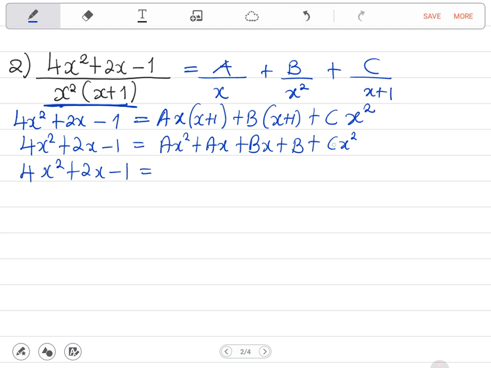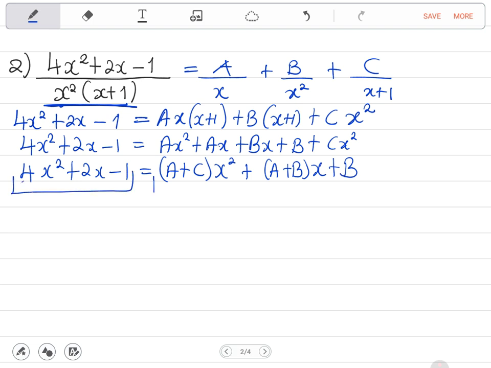I can factorize the x squared, so I have a plus c and x squared. There's x and x, group them together as well. So I've got a plus b, then take the x out. Then plus b. Check out that this and this are in the same form. So what has got x squared? You group them together.